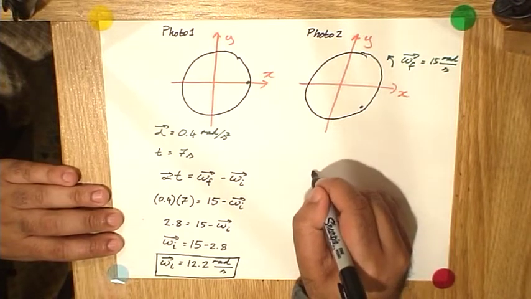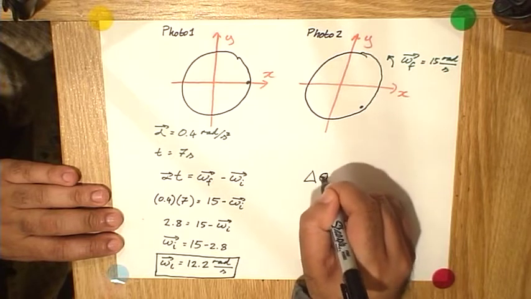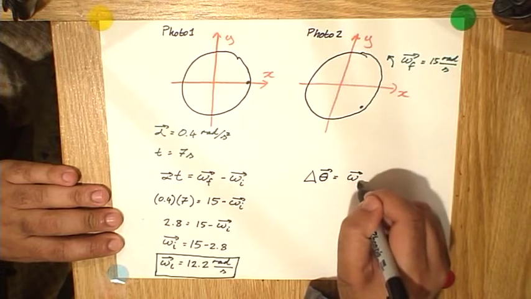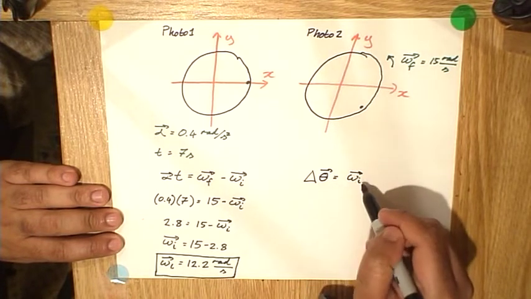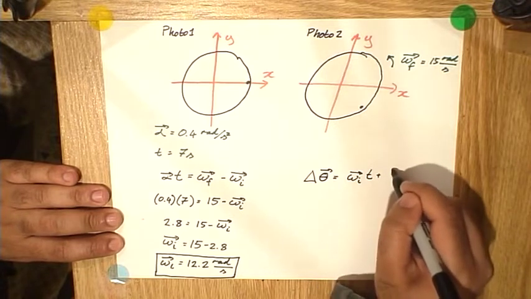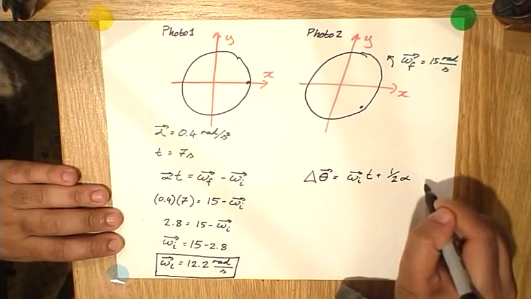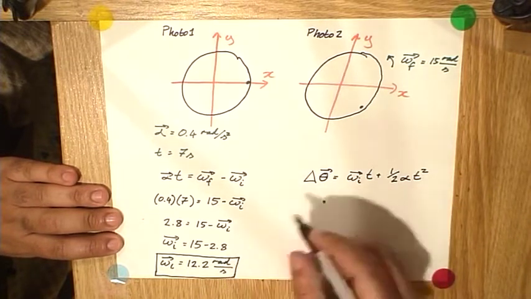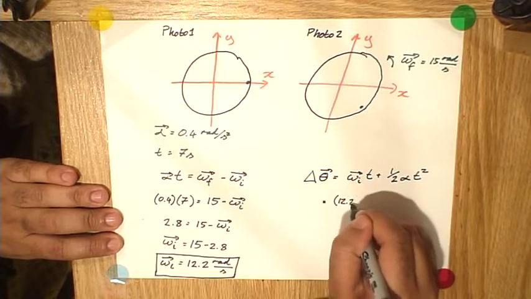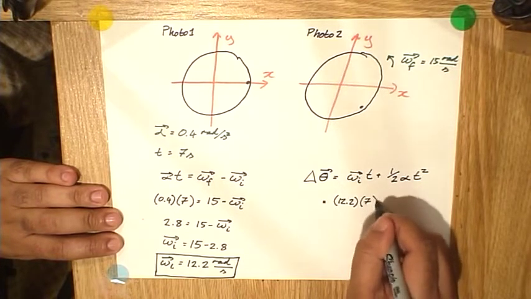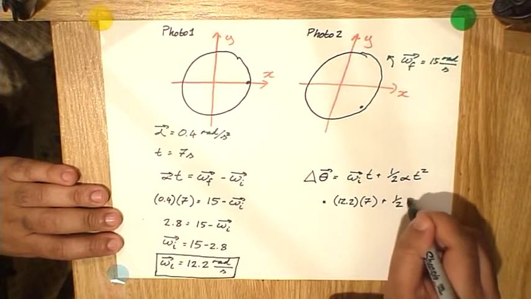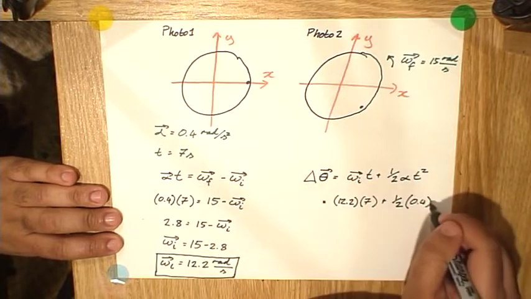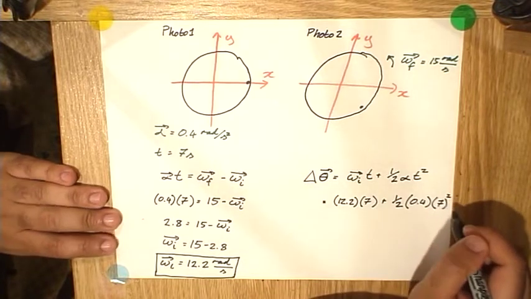Toolbox equation number 2 says that the angular displacement, delta theta, is equal to the initial angular velocity, that is omega initial, times time, plus 1/2 times the angular acceleration, alpha, times time squared. So that's going to be equal to initial, 12.2, times time, 7, plus 1/2 times acceleration, 0.4, times time squared, which is 7 squared.